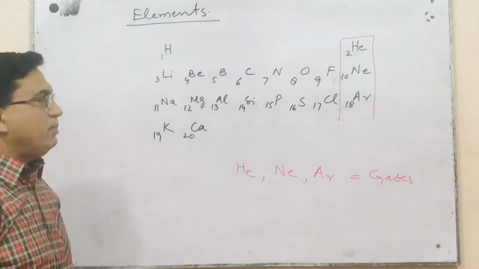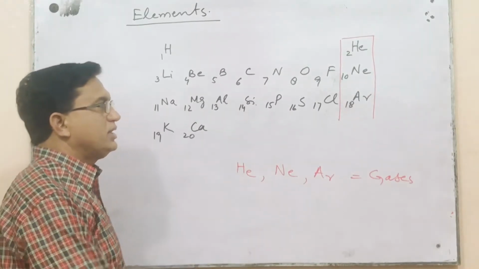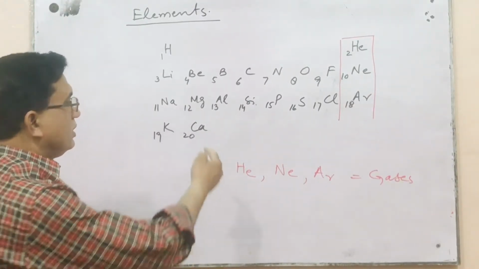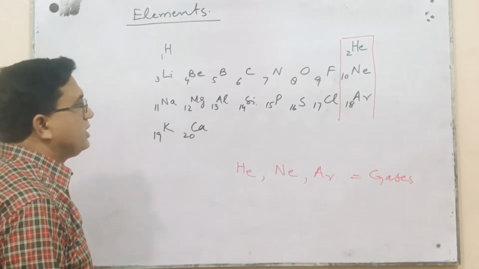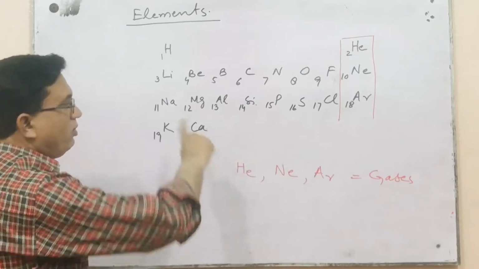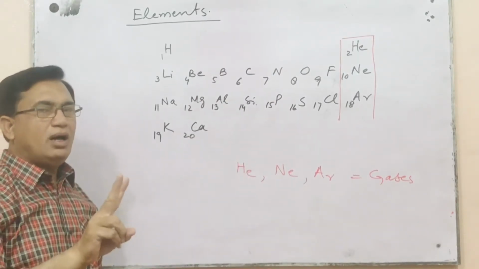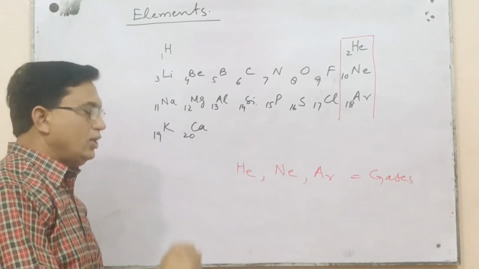Now, from these 20 elements, some elements are present in the gaseous state, some in the liquid state, and some in the solid state. Out of all the elements in the whole periodic table, only 2 are present in the liquid state.